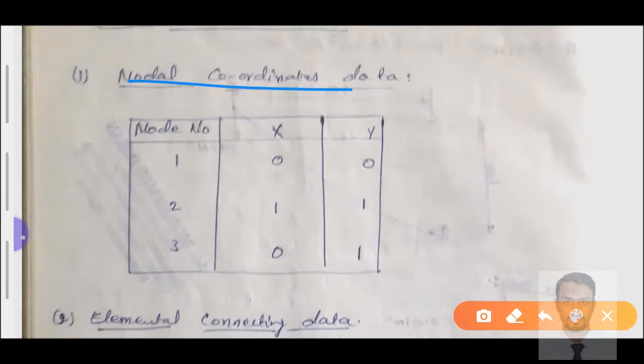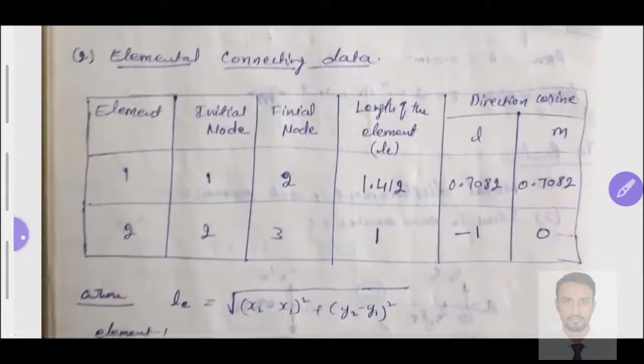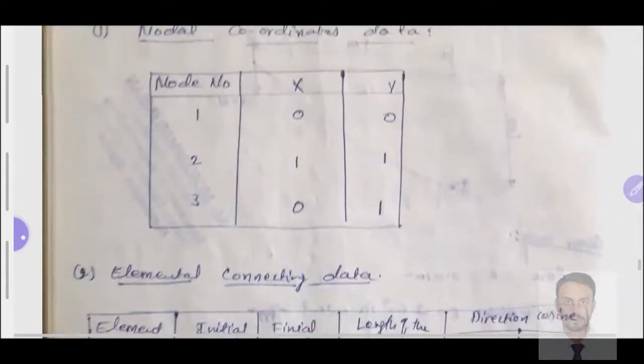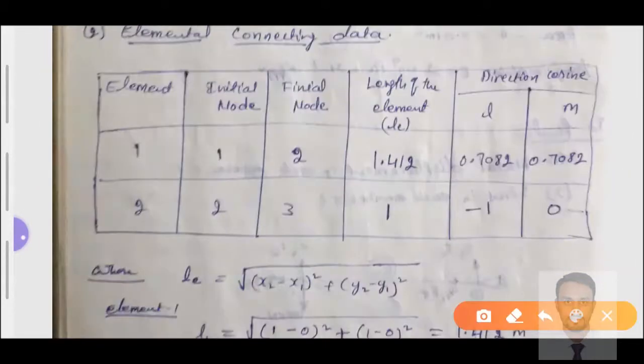With respect to the node numbering, the nodal data is entered, called the coordinate data, representing x1, y1, x2, y2, x3, y3, the positions of the nodes in global space. After getting these values, now we need the elemental data. How many elements do we have? We have two elements. We need to concentrate on the initial node and final node, which is very important.